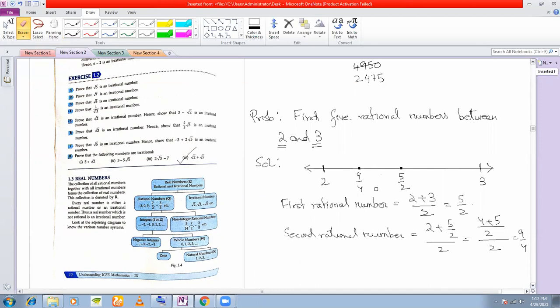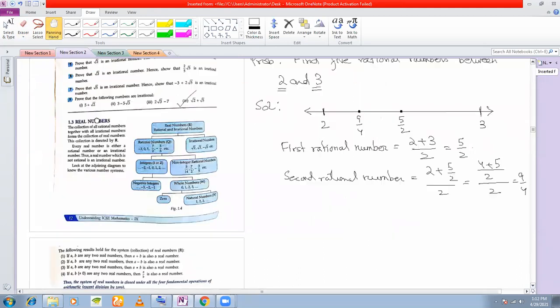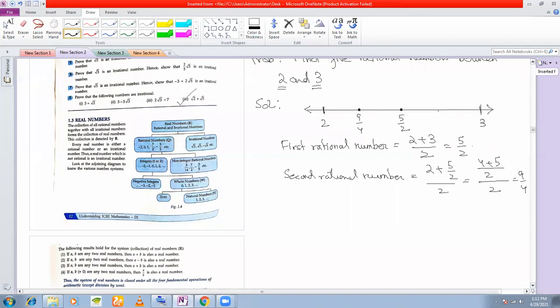Now we are going to insert the third rational number. You insert a third rational number between 5 by 2 and 3, midway between these two. So the third rational number is 5 by 2 plus 3 divided by 2, because you are taking a point that is midway.